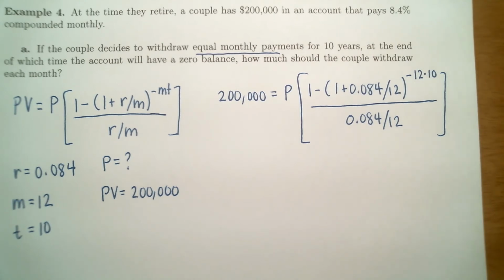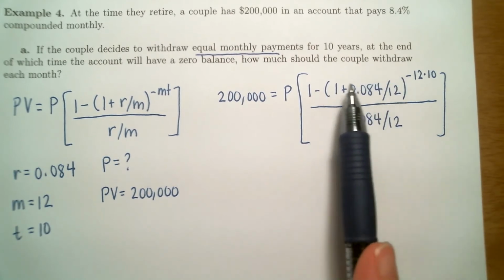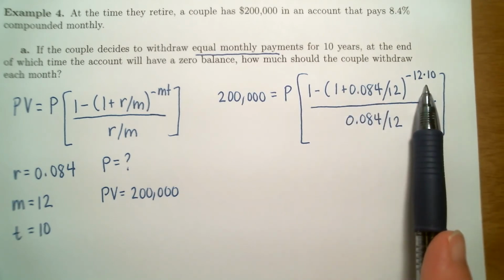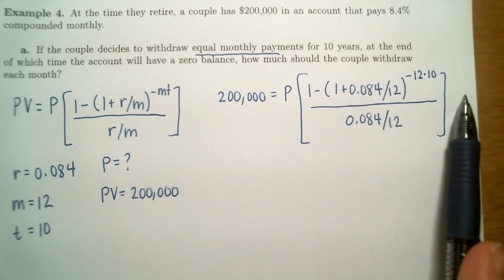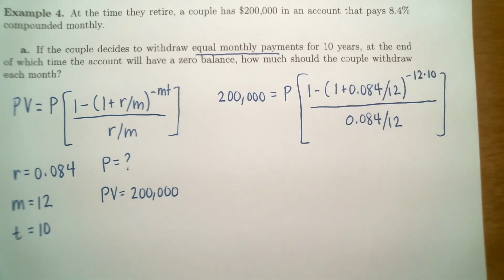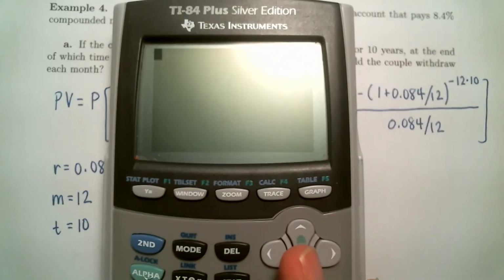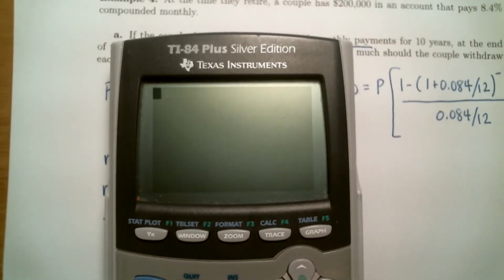So get your calculator. We're going to punch it into the calculator pretty much exactly like you see it. We're going to start with the most complicated part first. So we're going to start with the numerator and get that answer, and then we're going to divide by the denominator, and that will give us the quantity that P is being multiplied by. So let's plug it in. Make sure you can see this.